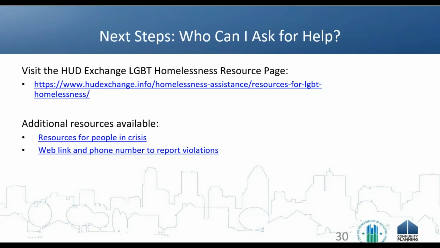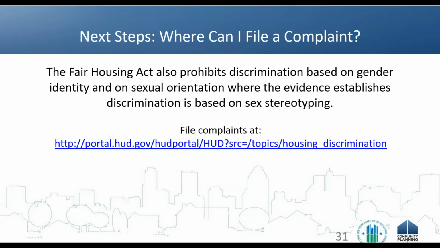And they have a different investigation process that they go through, but we are always trying within HUD, despite having our own books of work in the different offices, to talk with each other whenever these complaints come in to make sure that we're tackling it in the best way possible.